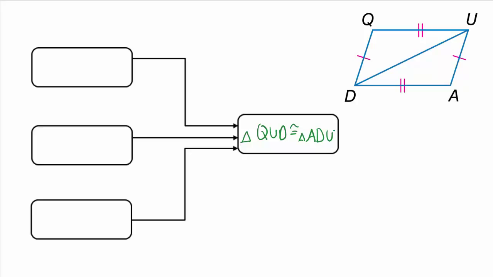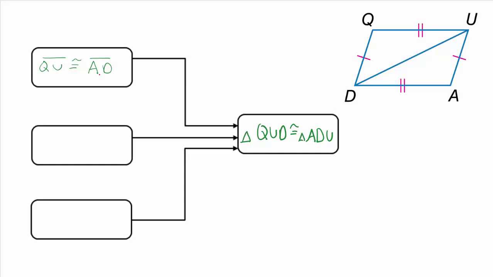But now we need to fill in what's on the left hand side of the flow chart, and we can start with what was given to us. The information that was given to us was that QU was congruent to AD. Right under that bubble, you want to put the reason.